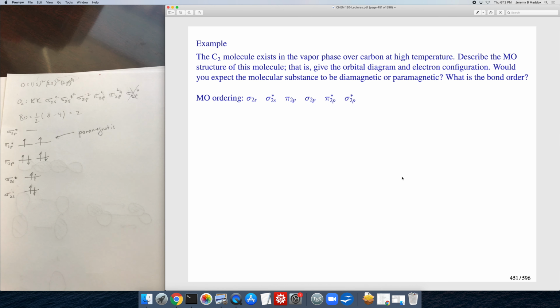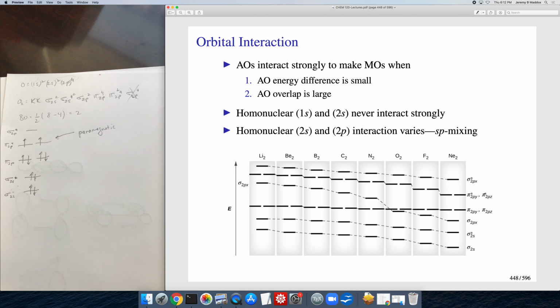I'm going to leave the diatomic carbon to you as an exercise. You need to figure out how to fill in these valence molecular orbitals, and feel free to use this diagram to help you determine whether diatomic carbon is diamagnetic or paramagnetic.